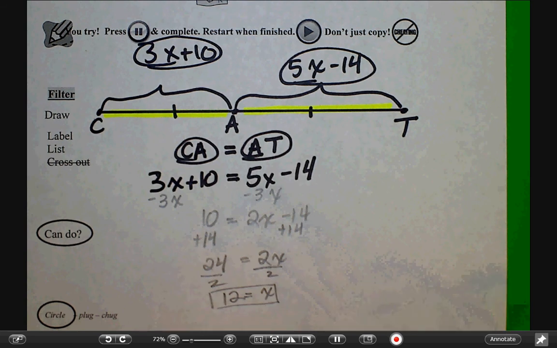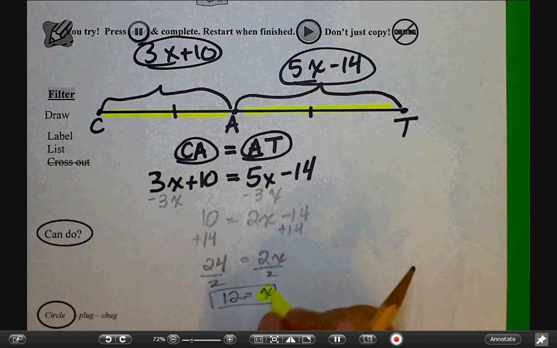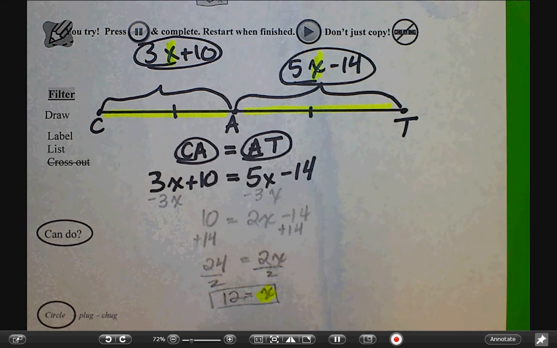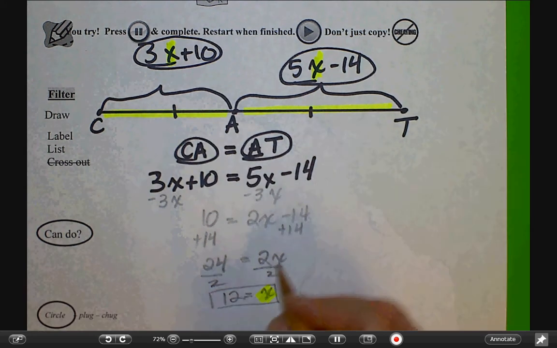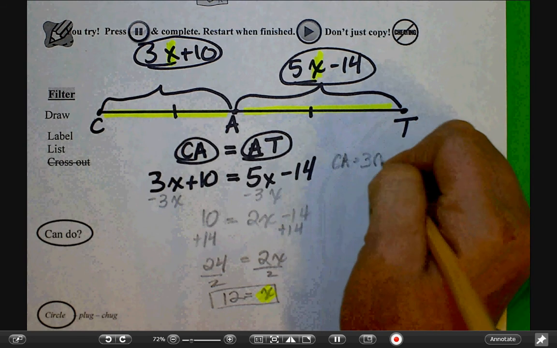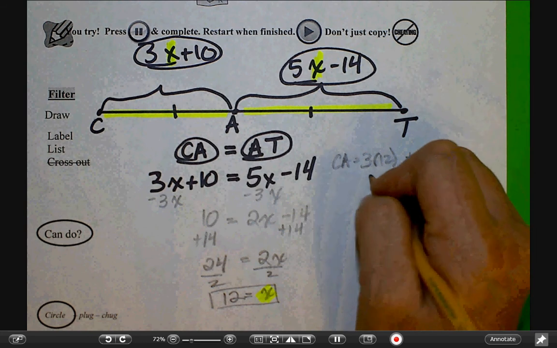Not on your life. So you always want to take the opportunity when it says find everything possible, see if you can't plug in x somewhere, which we can, right here and right here. So I'm going to plug in x. CA is 3 times 12 plus 10.